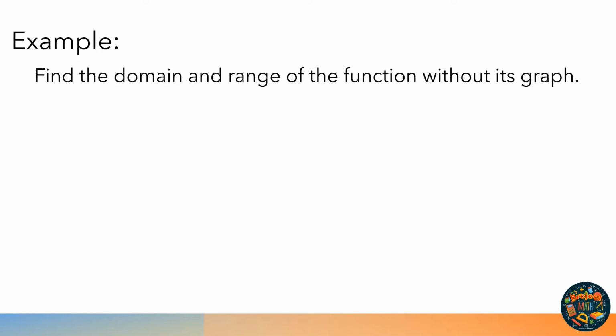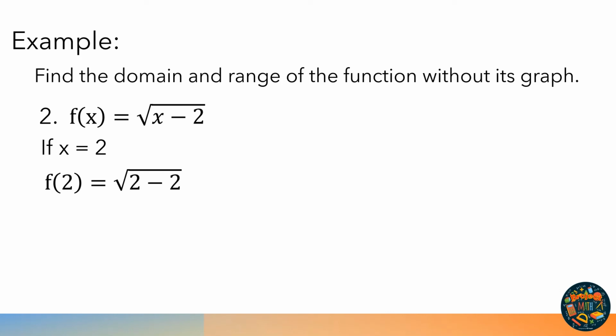So next example, let's find the domain and range. f of x is equal to the square root of x minus 2. Subukan muna natin mag-assign ng value. So let's have x is equal to 2. Substitute lang natin. So we have f of 2 is equal to the square root of 2 minus 2, which is equivalent to 0.